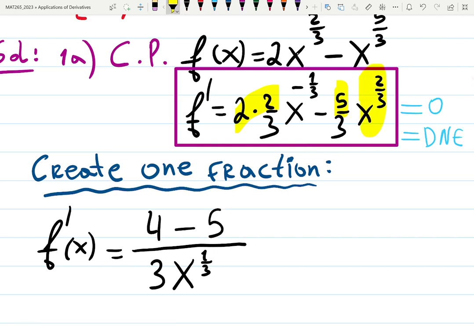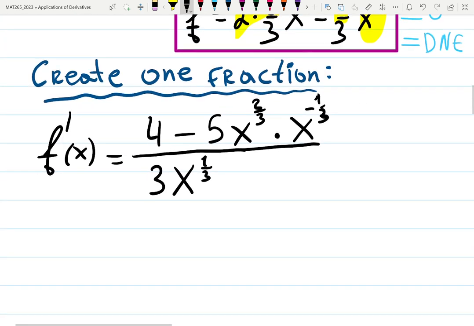This whole guy is here. That is going to be x to the 2/3, but we're creating a common denominator, so it's going to be multiplied by x to the minus 1/3. I think minus. x to the 1/3.